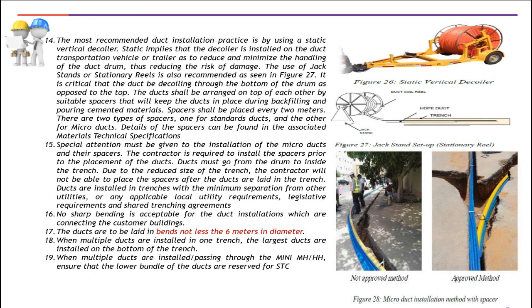When multiple ducts are installed passing through a manhole, ensure that the lower bundle of the ducts is reserved for STC. On the right side, the pictures of figure 28 show the non-approved method and the approved method of duct installation.